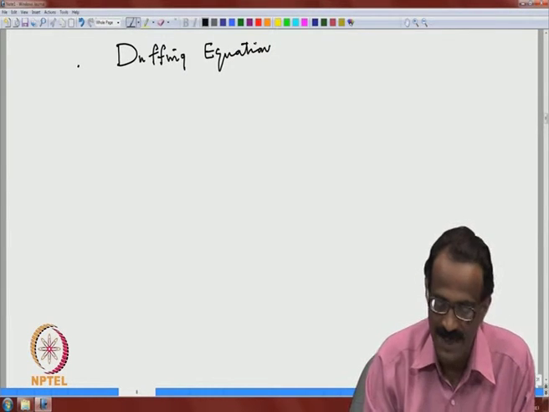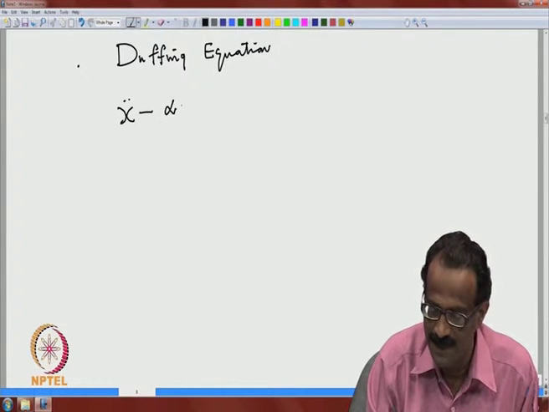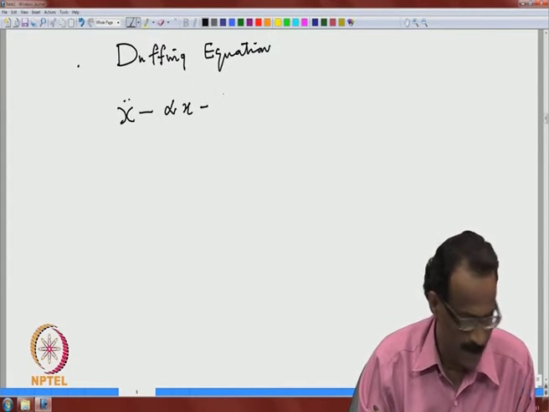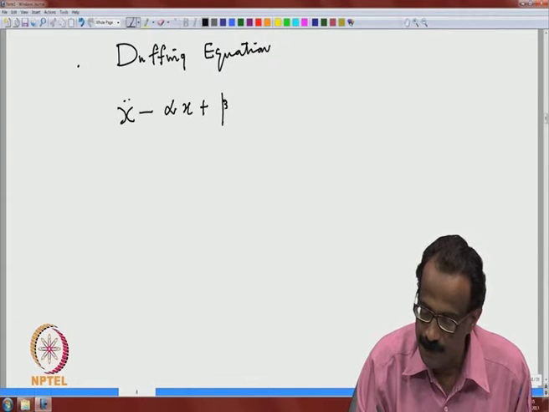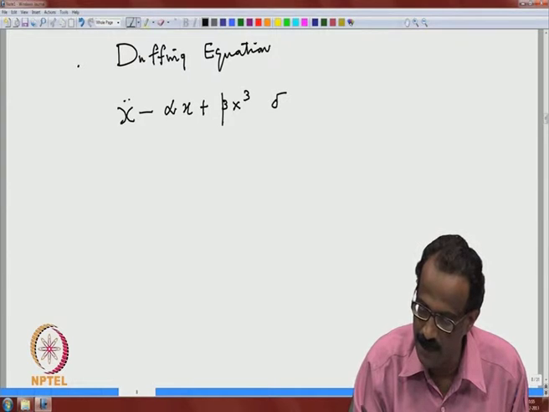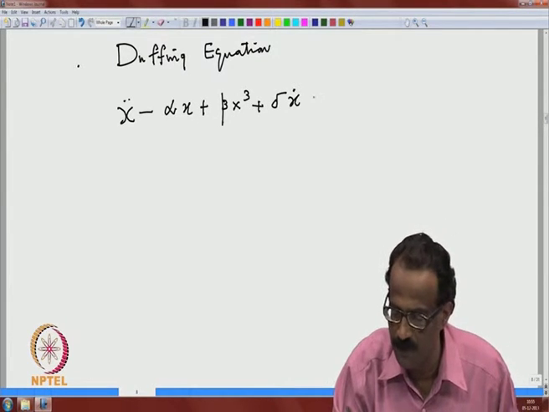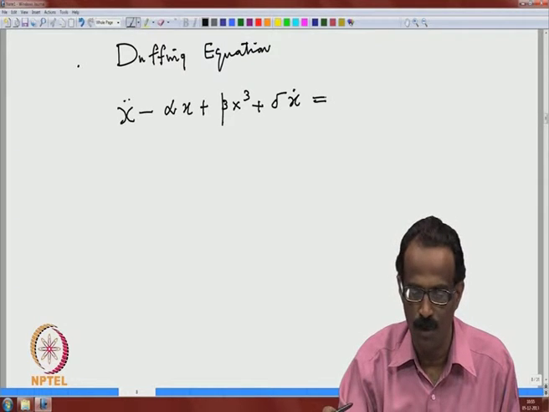The equation looks like this: x double dot minus alpha x plus beta x cubed plus delta x dot, and you can also have a driving force if you want, gamma cos omega t, an external driving force. Otherwise you have a homogeneous equation.